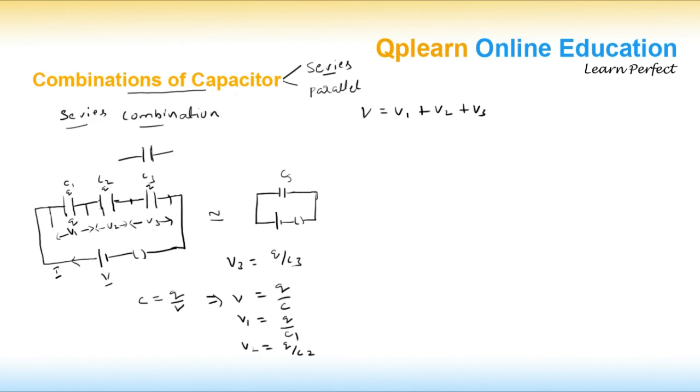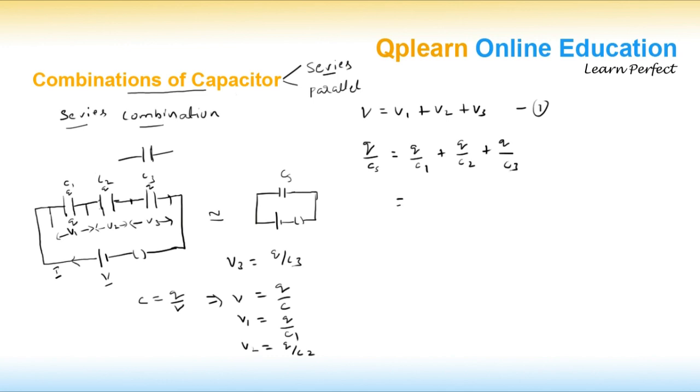Now we know V1, V2, V3 and V. I will substitute in equation 1. What is V? V is equal to Q by C, here C we take as CS, because we are finding the effective capacitance of capacitors in series. This is equal to V1, which is Q by C1, plus V2 which is Q by C2, plus V3 which is Q by C3.